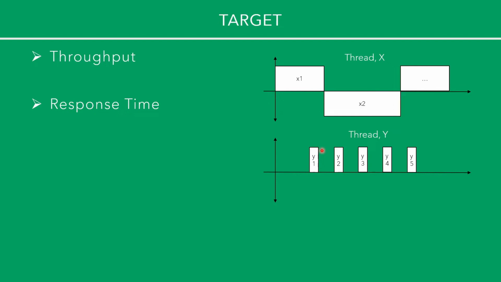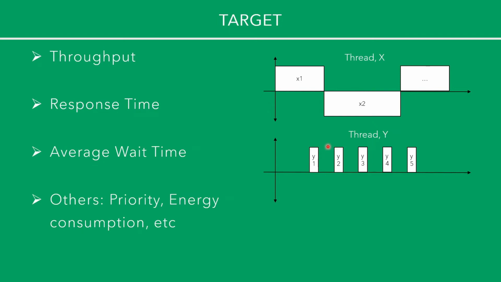In this case, if the scheduler first schedules thread X because it arrived first, and then schedules thread Y, then the system is not going to be responsive. Thread Y is going to wait for a long time, right? So if response time is the target, then it makes sense for us to do frequent scheduling, or frequent context switches.